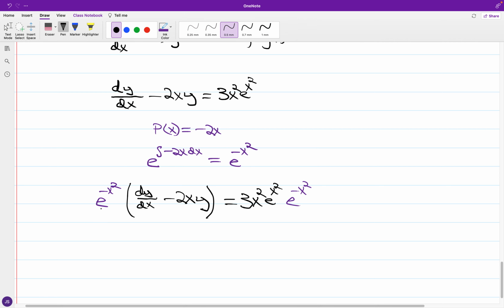Again, I could have distributed e to the negative x squared over the left-hand side, but for what we're going to have, those terms would end up being simply the product rule expansion, taking the derivative in x of, once again, the product of e to the negative x squared times the dependent variable.